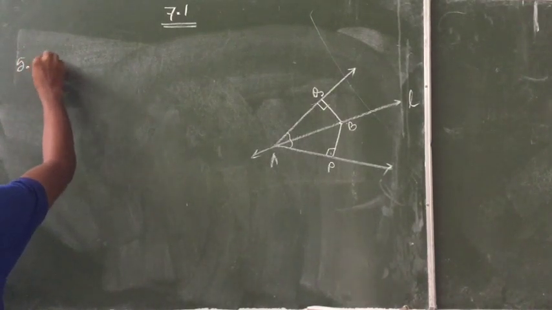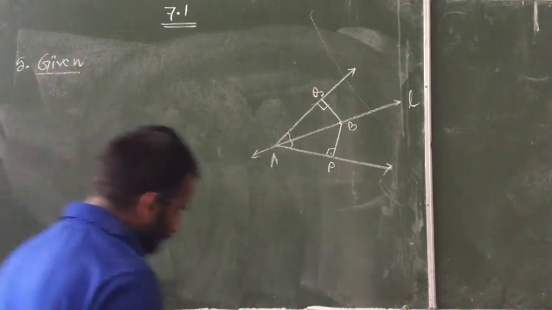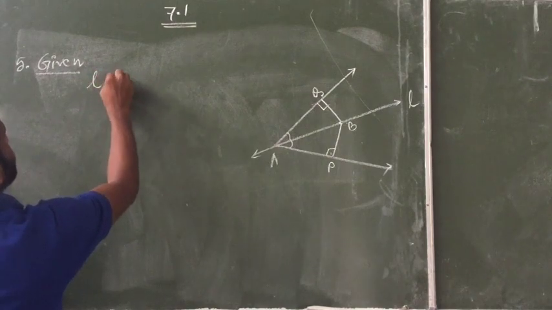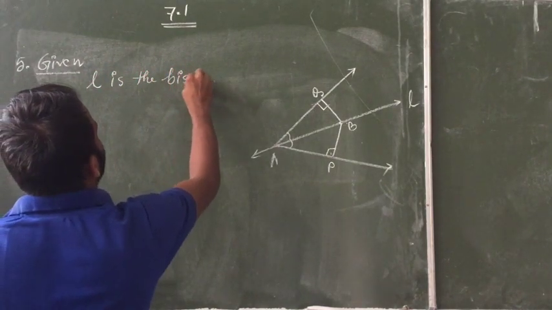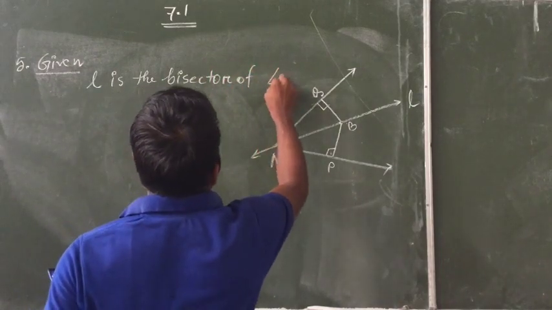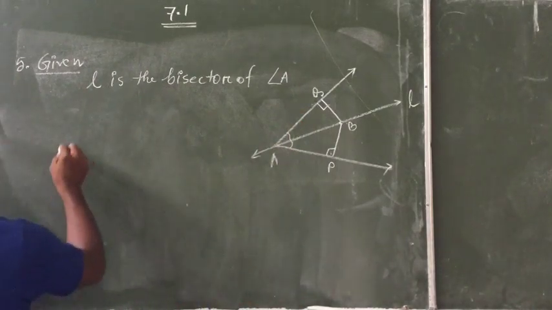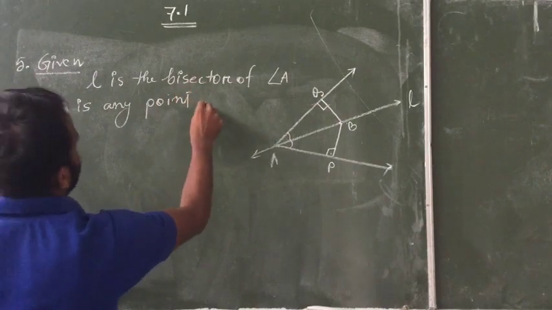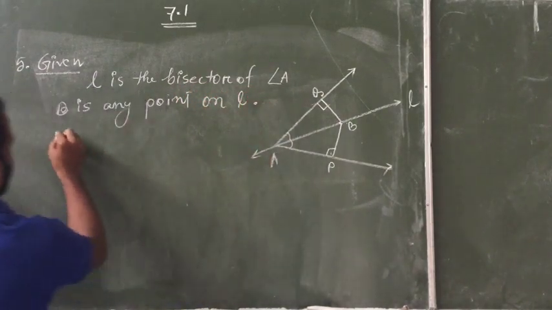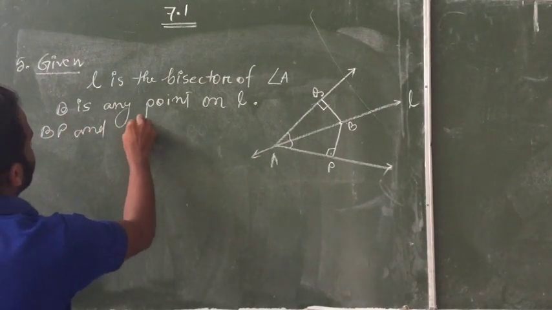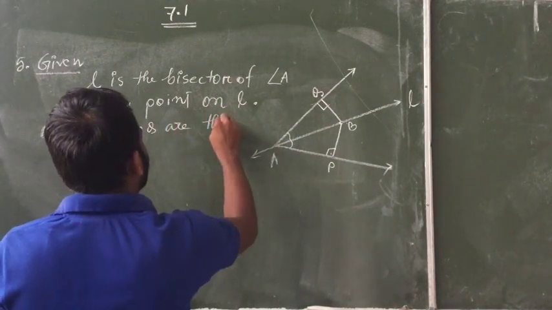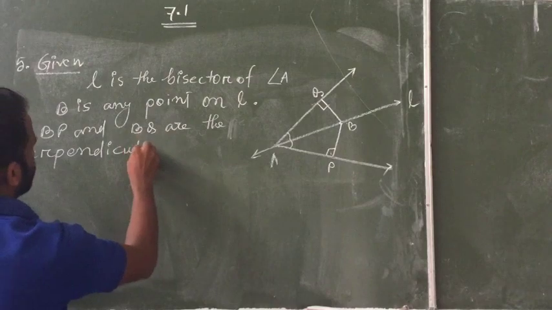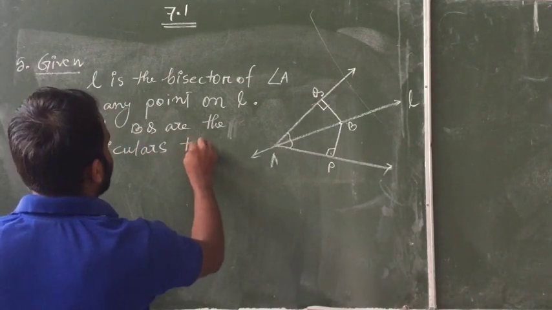What is given? It is given L is the bisector of angle A. B is any point on L, BP and BQ are the perpendiculars to the arms of the angle.